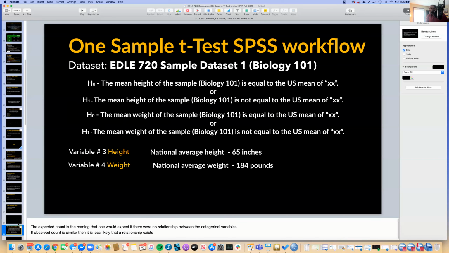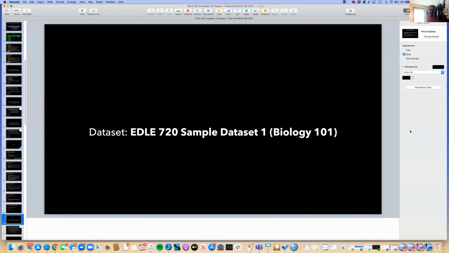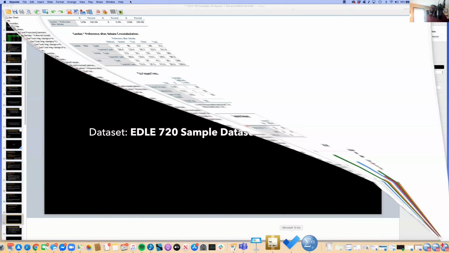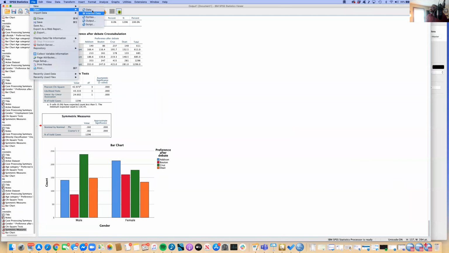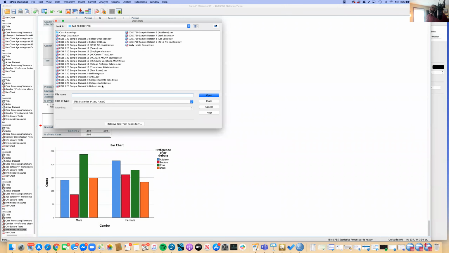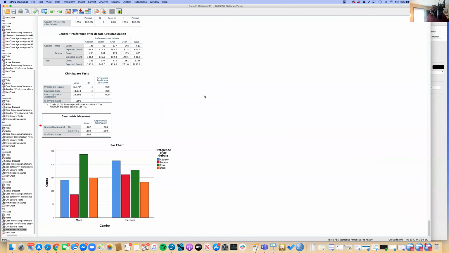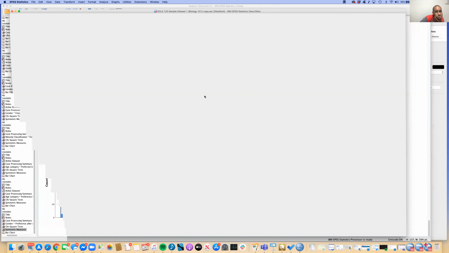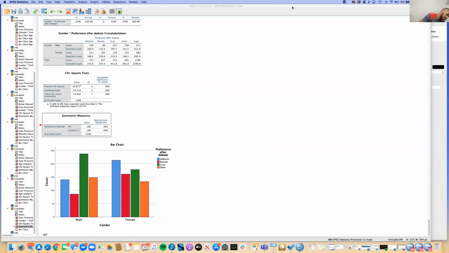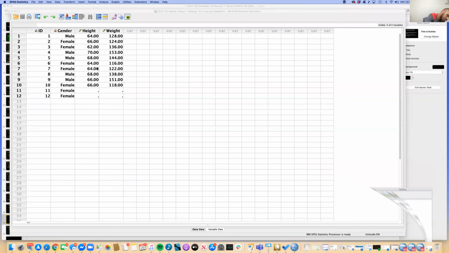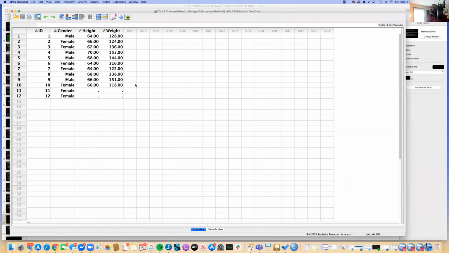biology, and we're going to look at height and weight. Okay. So let me, I don't think I'm going to have to go to my data and biology 101. All right, this is a pretty small data set.